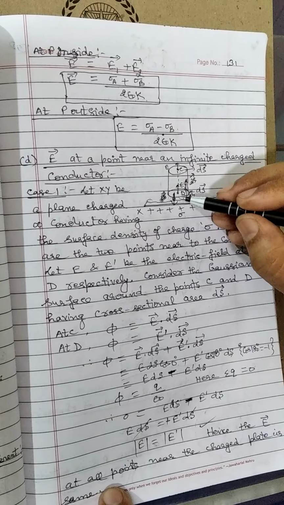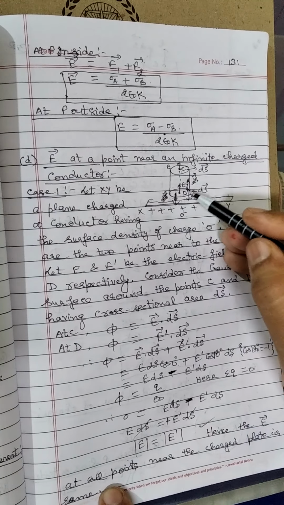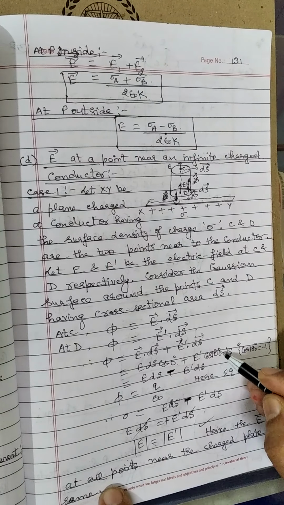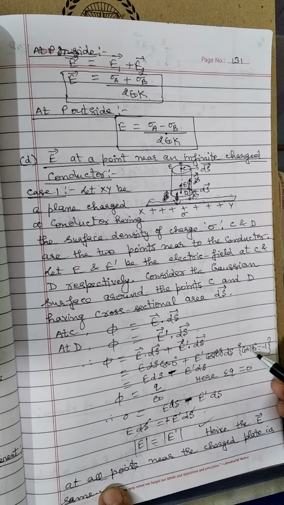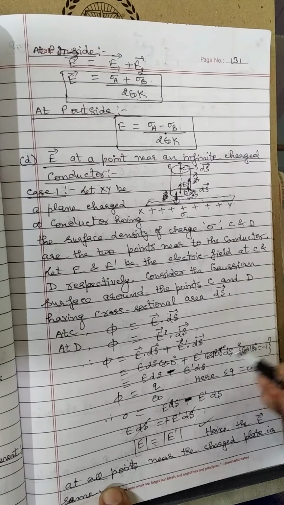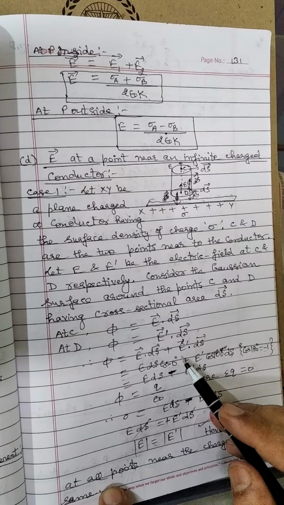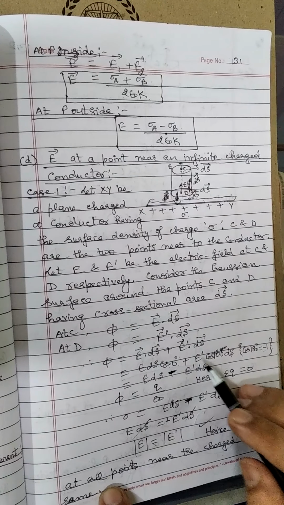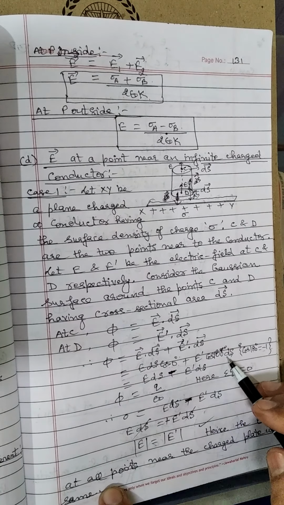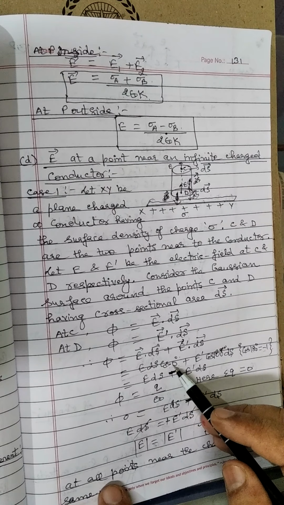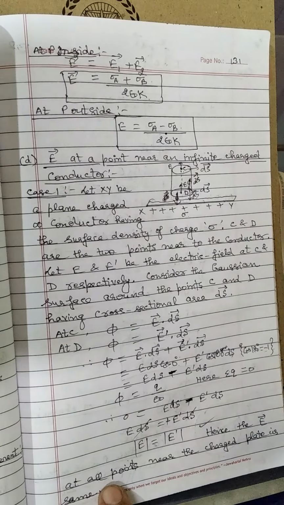E dash and the ds vector are opposite to each other, making a 180 degree angle, and cos 180 degrees is equal to minus 1. Again listen, E ds cos 0 degree for this, and E dash cos 180 degree ds. So the value of cos 0 is 1 and cos 180 is minus 1.